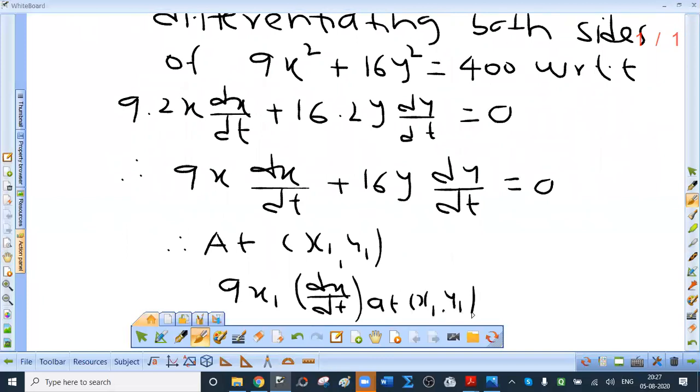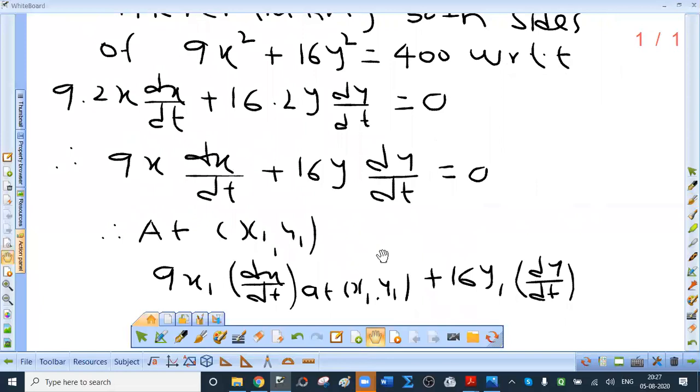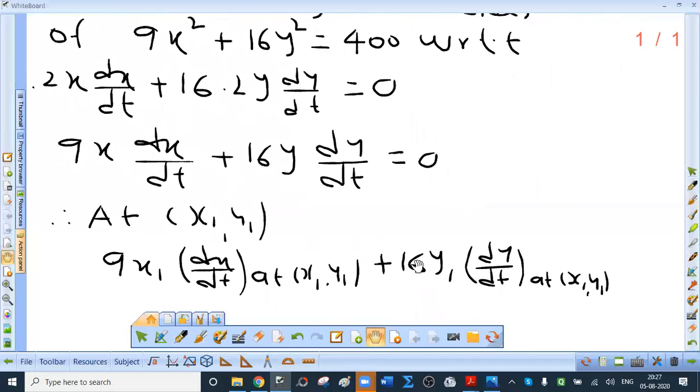See, this is not difficult, this is logical, plus 16y1 dy/dt at x1 y1 is nothing but 0. Now we will use result 1, in which you will notice that minus dy/dt is nothing but dx/dt.